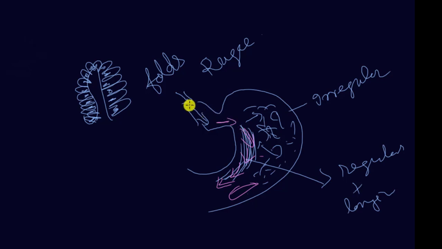That's why if you take spicy food, oily food, or rum or whiskey without water, it will touch which part of the curvature? The lesser curvature, right? Because here is the canal.